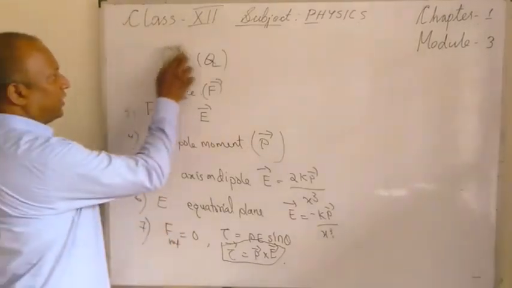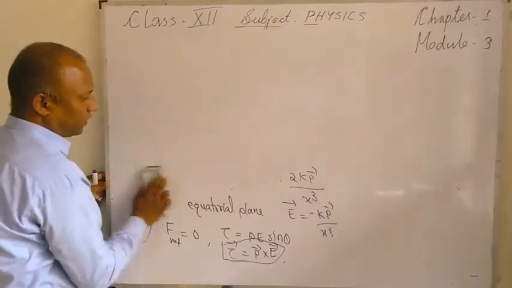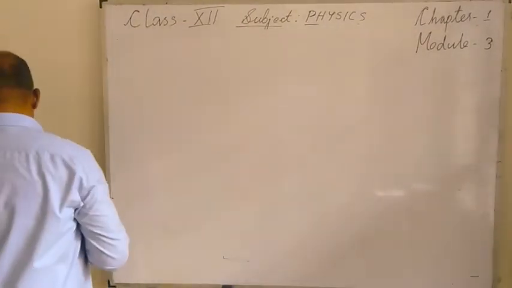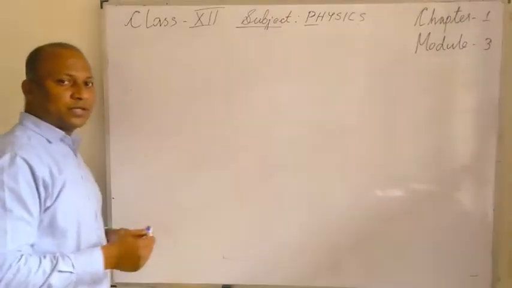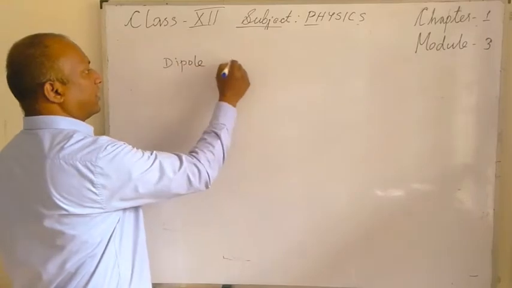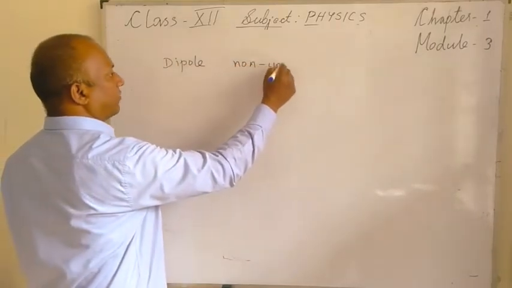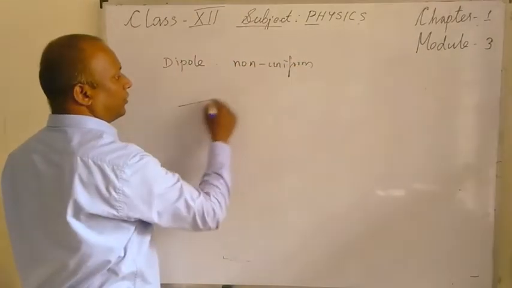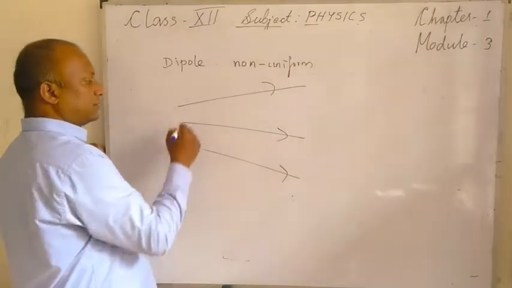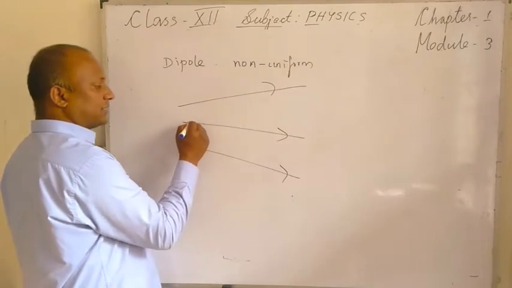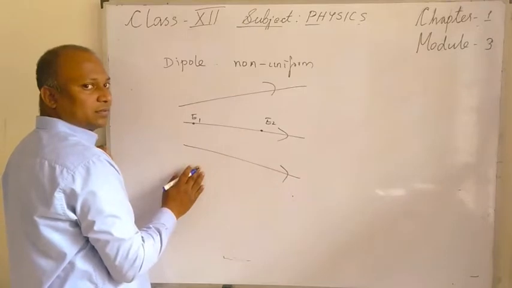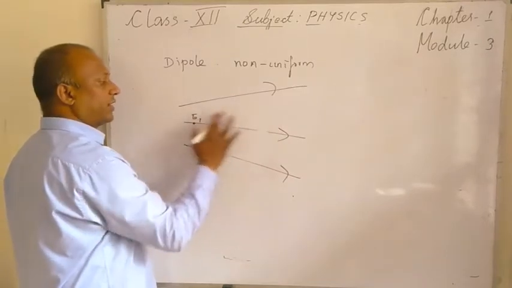So today in module 3 we are going to learn, suppose the dipole is kept in a non-uniform electric field, where the electric field intensity varies from point to point. At different points the electric field intensity is different.